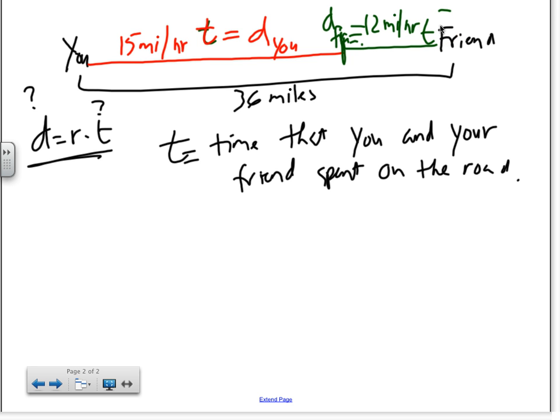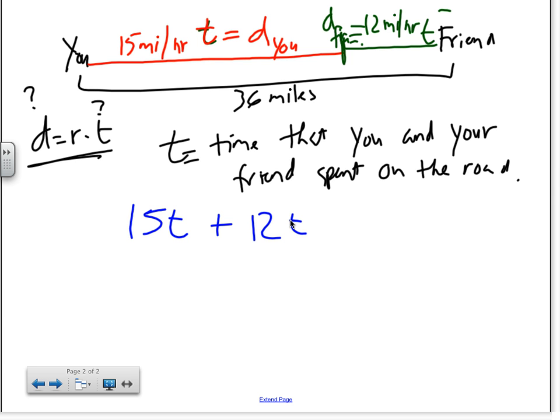If you have your distance and your friend's distance, and you are exactly 36 miles apart, how do you actually tie everything together? What do you think? If your distance here and your friend's distance right here, what do you do with the two distances? Yes, you add them together to form 36 miles. So is it fair to say this? 15 times t, which is your distance, plus 12 times t, which is your friend's distance. Why am I using the same t?